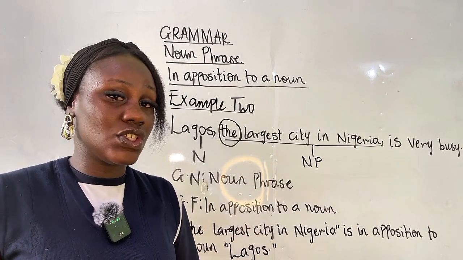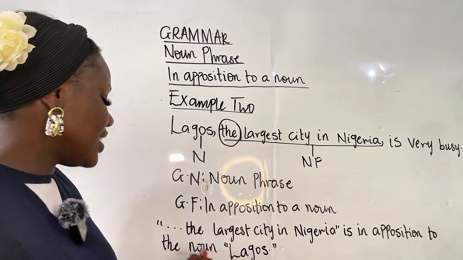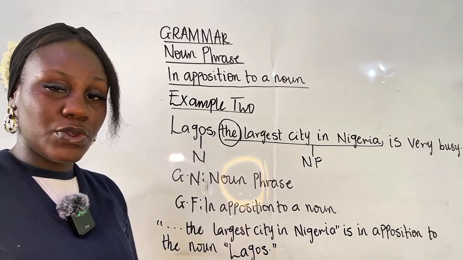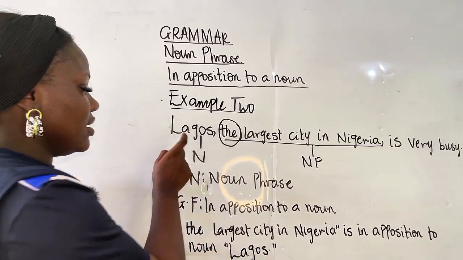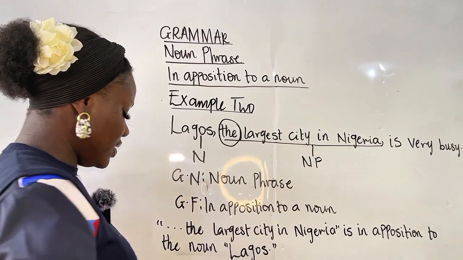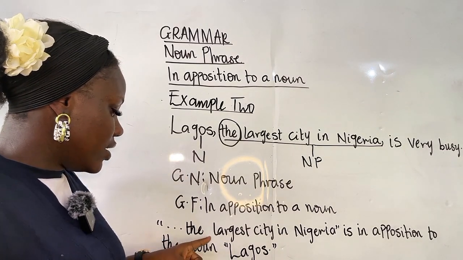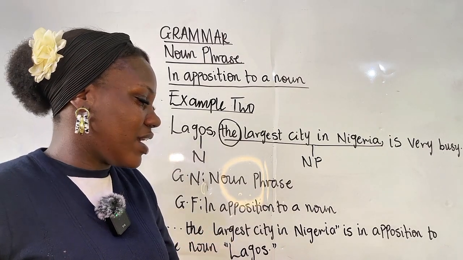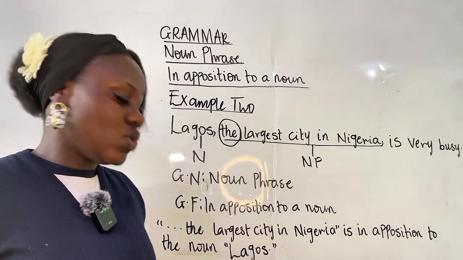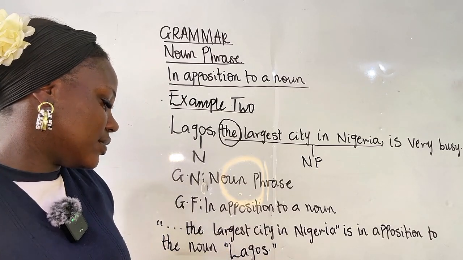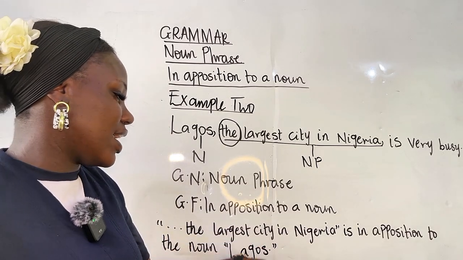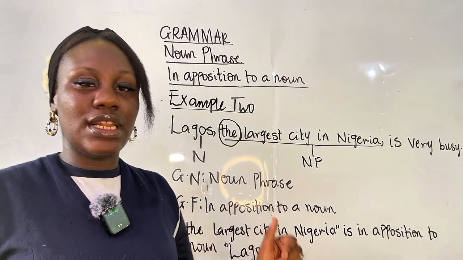How is it in apposition to a noun? The largest city in Nigeria, remember to put your ellipsis because it started with a word here. So your ellipsis, the largest city in Nigeria, is in apposition to the noun Lagos.